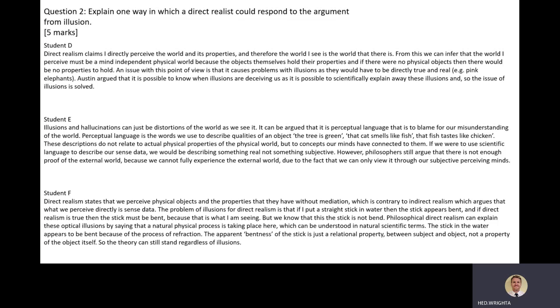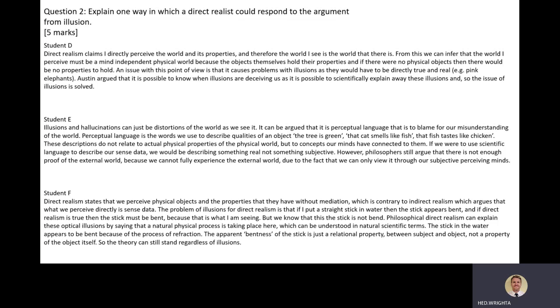If we were to use scientific language to describe our sense data, we would be describing something real, not something subjective. However, philosophers still argue that there is not enough proof of the external world, because we cannot fully experience it, as we can only view it through our subjective perceiving minds.